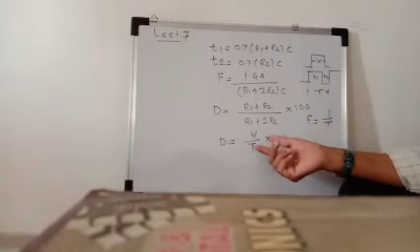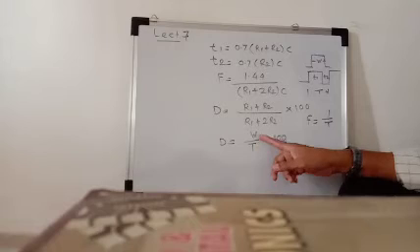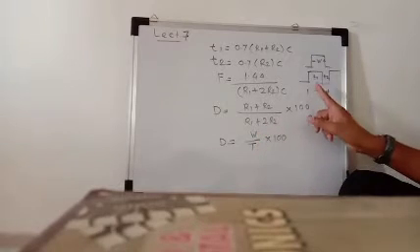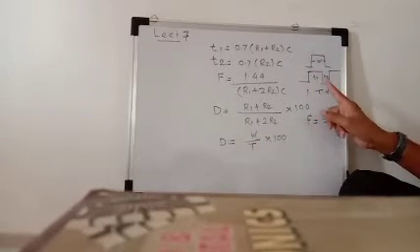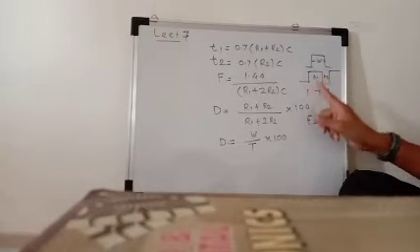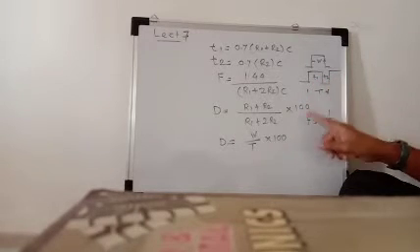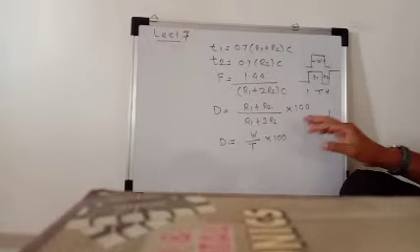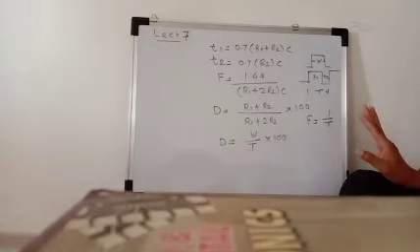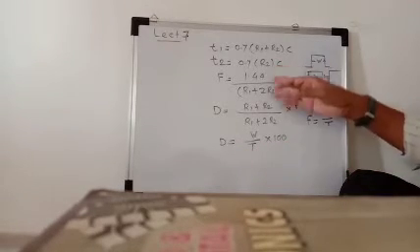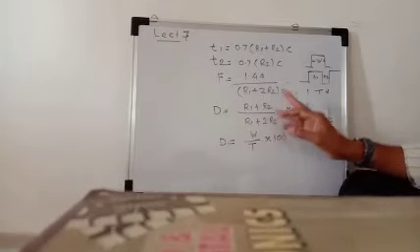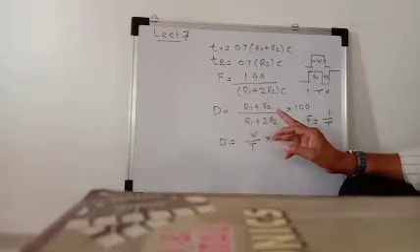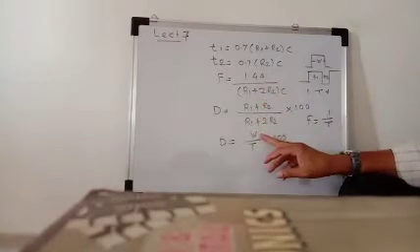So the duty cycle can also be written as D is equal to T on divided by (T on plus T off) into 100. By using this equation, duty cycle can be calculated. So these are the important formulae to calculate the frequency and duty cycle.